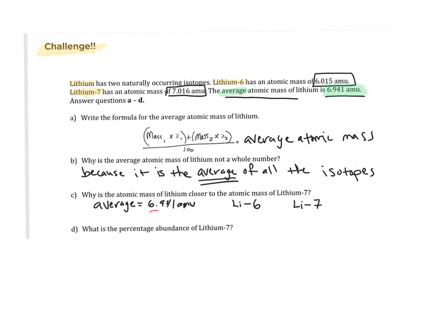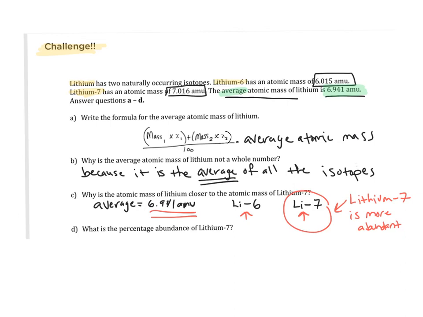Because the average is 6.9, is 6.9 closer to 6 or closer to 7? It's closer to 7. So this means that lithium 7 is more abundant. It will have a higher percentage than lithium 6. So you can answer lithium 7 is more abundant. This means we have more lithium 7.